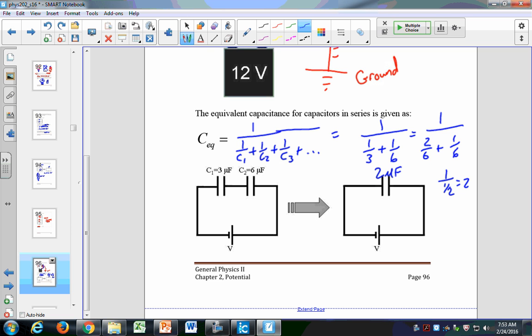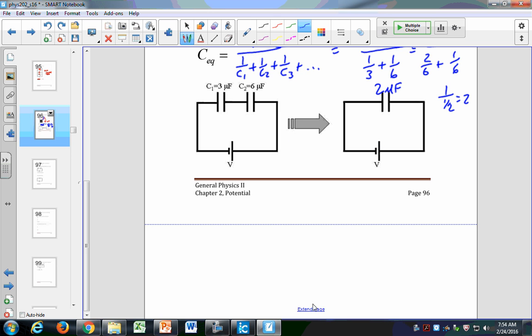You'll find that I give you pretty easy sets of numbers. For example, I like to do 1 over 4 plus 1 over 4. I like to do 1 over 2 plus 1 over 2. I like to do 1 over, I think 3, 6, and 2.